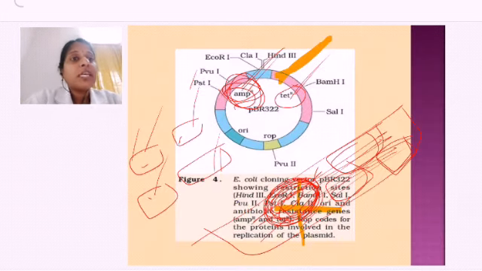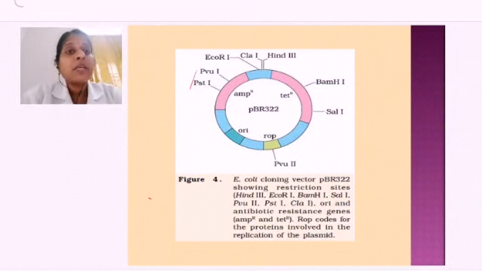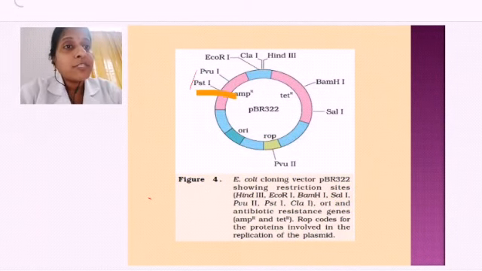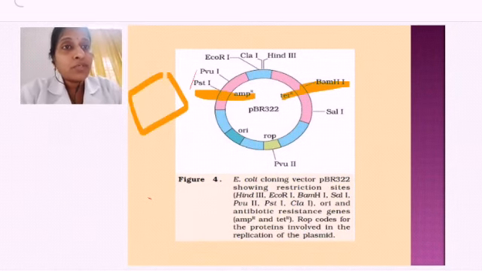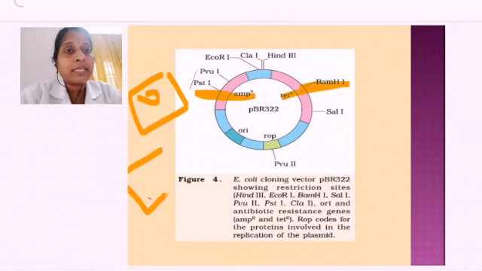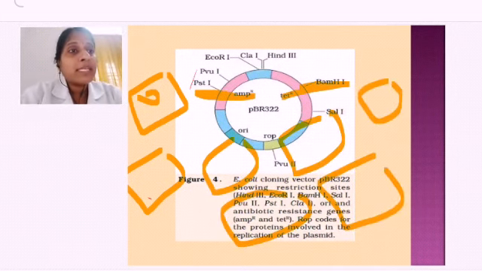So here, which are the selectable markers? I have already told you which are the selectable markers. The selectable markers are ampicillin resistance and tetracycline resistance. So when I take a bacteria and introduce the rDNA into it, it produces innumerable bacteria. All these bacteria contain some amount of plasmid.